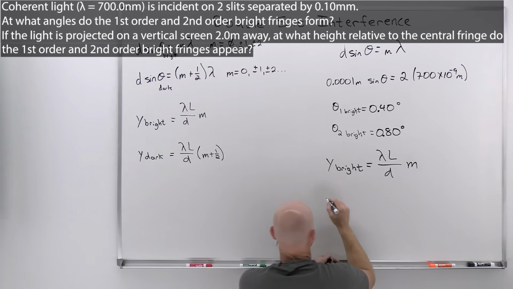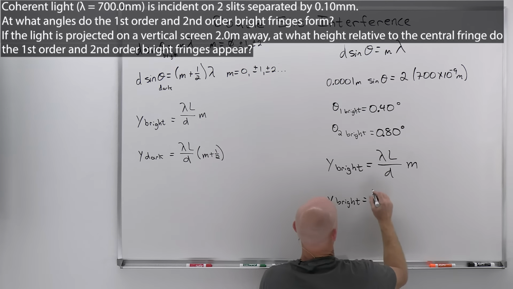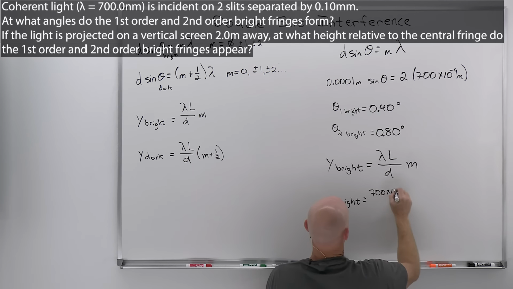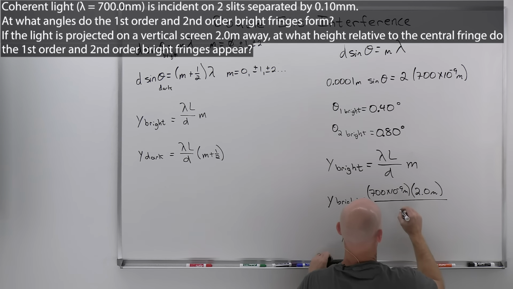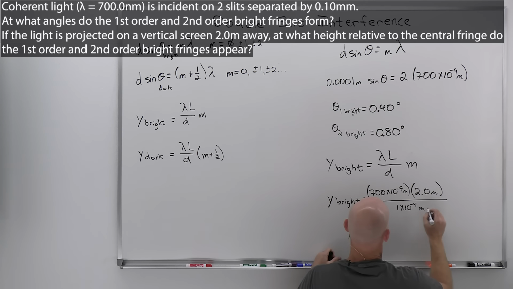Make sure we put everything in SI units once again. Wavelength is 700 times 10 to the minus 9 meters. The length we're told was 2.0 meters. Distance again was 0.1 millimeters, which we could write as 0.0001 or 1 times 10 to the negative 4 meters.